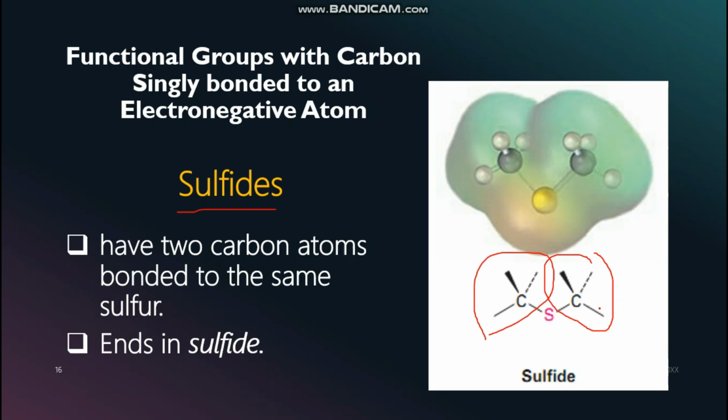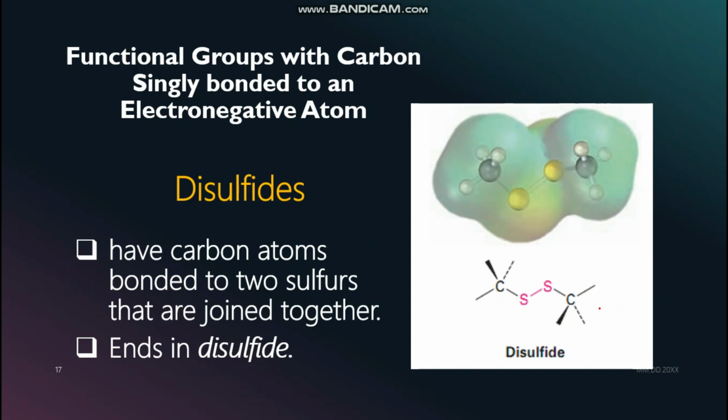Another one is the disulfides. So we have sulfides and disulfides. Disulfides have carbon atoms that are bonded to two sulfurs that are joined together. So the disulfides merong dalawang sulfur atoms na bonded to each other at merong carbon atoms that are bonded to each of these sulfur.